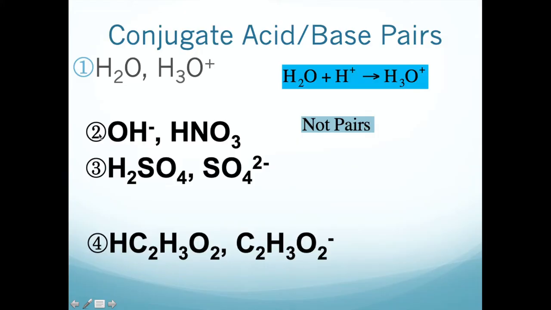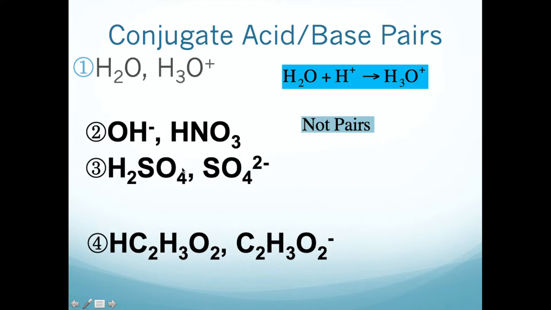But quite frankly, if you just pick one of these and add or subtract an H plus from it, you should get the other one, and that's just not the case. If we add a hydrogen ion to OH minus, we would get water. If we took away an H plus from that, we would get an oxide ion, and neither of them is nitric acid. Nitric acid has a conjugate base that's NO3 minus, but that's not what's shown over here.